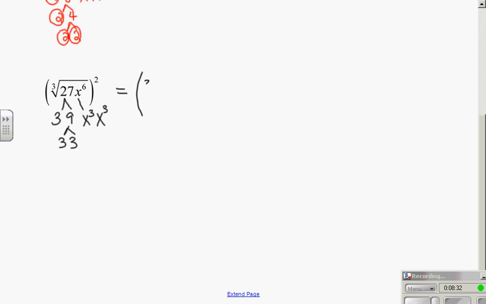So if I rewrite this, I've got the cube root of 3 cubed, x cubed, x cubed, the entire thing squared. I haven't changed my numerical value, but I've just rewritten it in terms of cubes. So the cube root of 3 cubed is 3.